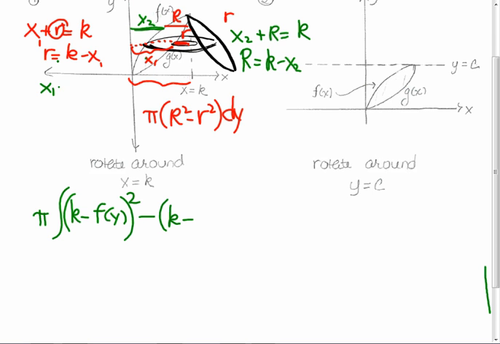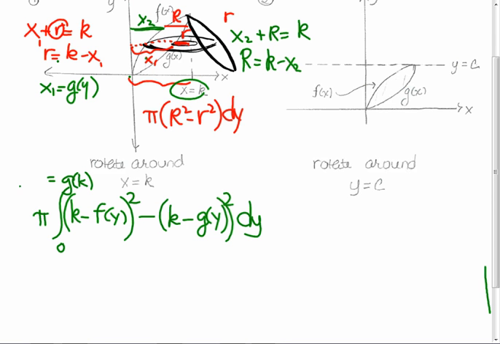So x1 is equal to g of y. Really should be g inverse. I do want you to realize that. That's dy, and then we will integrate from 0 to where? The function at k. G of k or f of k, it doesn't matter. They're the same.